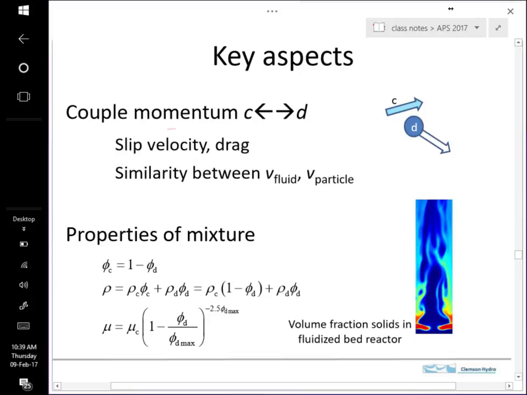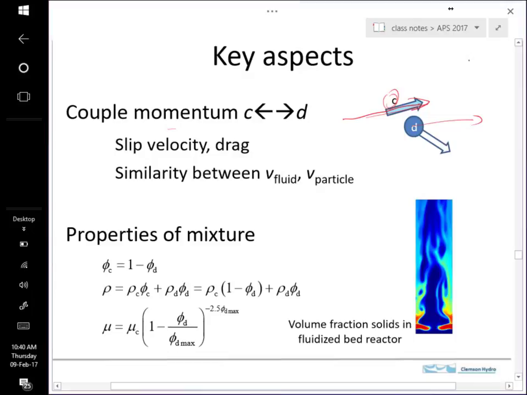We want to couple the momentum of the continuous phase, like the fluid, and the particle. What I'm talking about here is that if you have a fluid that's flowing like this and the particle is, say, just neutrally buoyant, then when the fluid flows, the particle is going to move. So the momentum of the particle gets inherited, or you have transfer of momentum from the fluid into the particle.